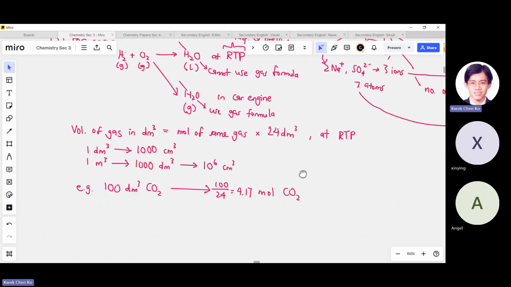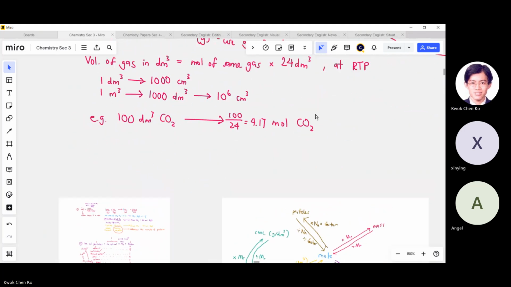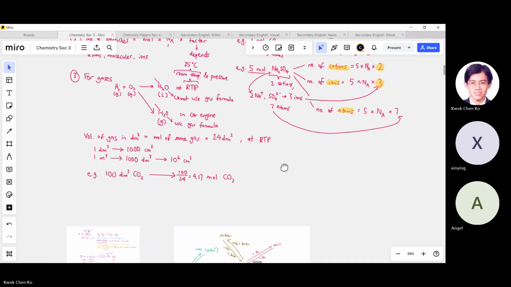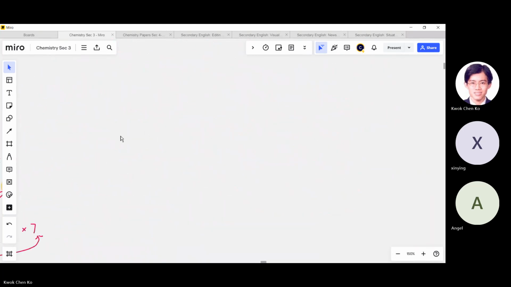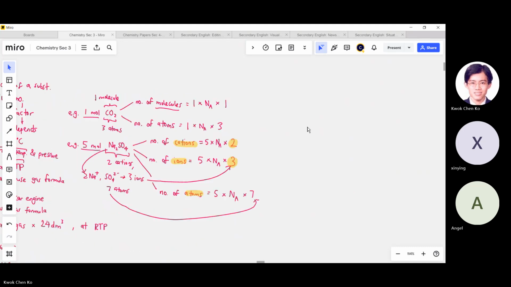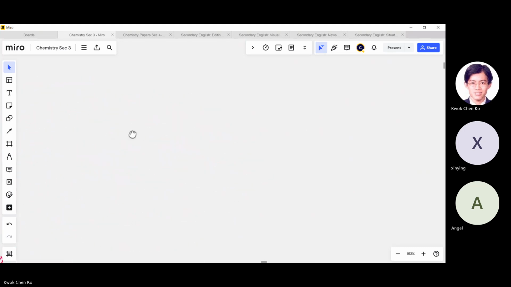Next formula, or next 3 formulas. Okay, next 3 formulas look at only aqueous solutions. Check your system, is it an aqueous solution?